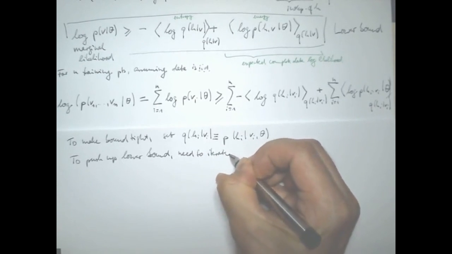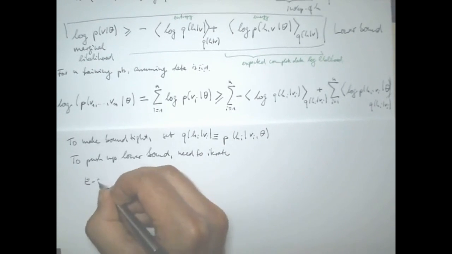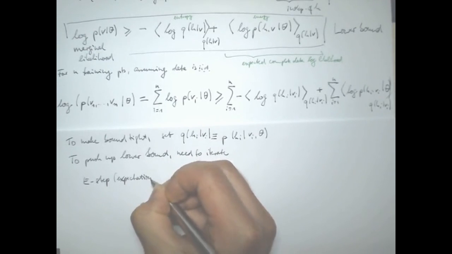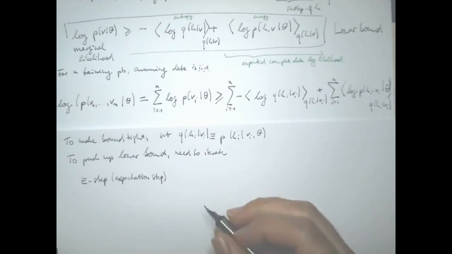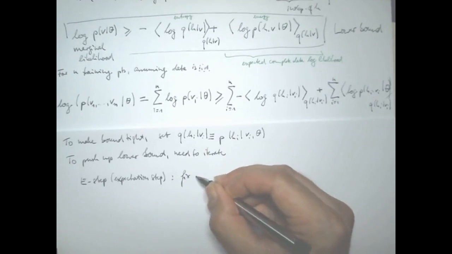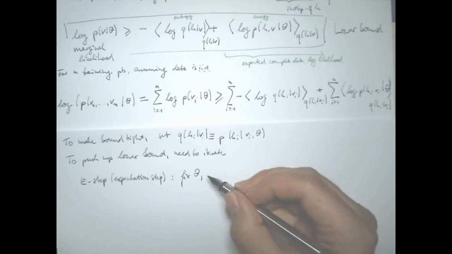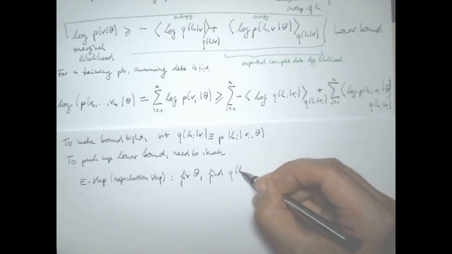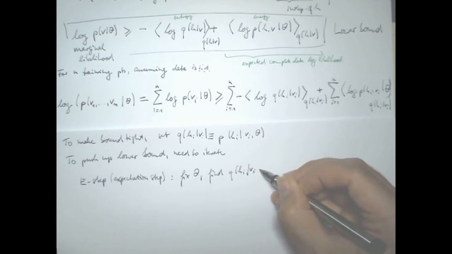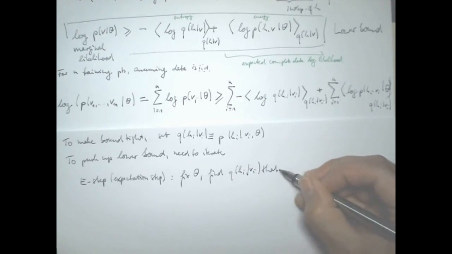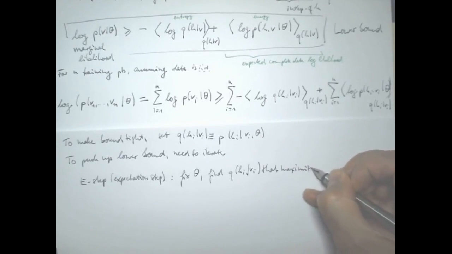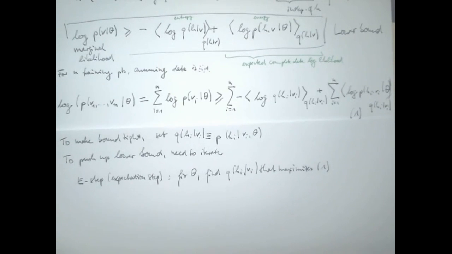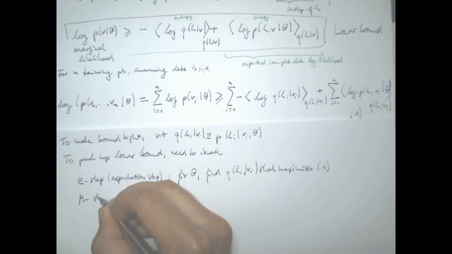we need to iterate the E step or expectation step, where we fix the parameters, we fix theta, and find the variational distribution that maximizes the equation from above, and we alternate this with an M step or maximization step.